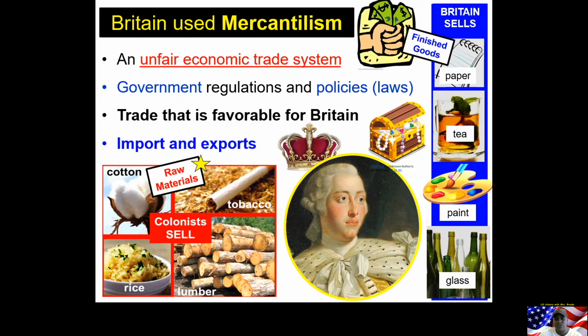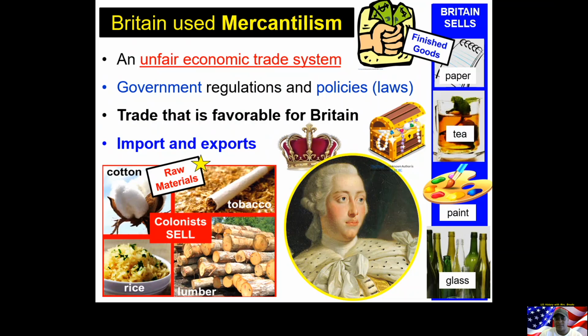A finished good could be a product that was made in a factory, is produced and ready to use. It could be paper, it could be tea, paint, or even glass. Well, when the colonists buy these items from England, we'll say from the king, then he wants to jack the price up really high. Well, that's not quite fair to the colonists because the king is making good money, but the colonists are not.